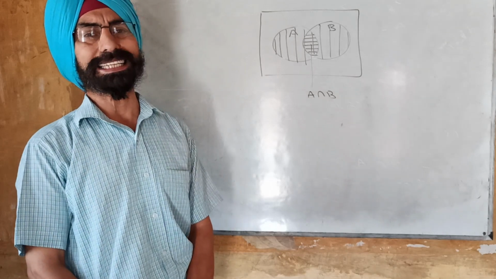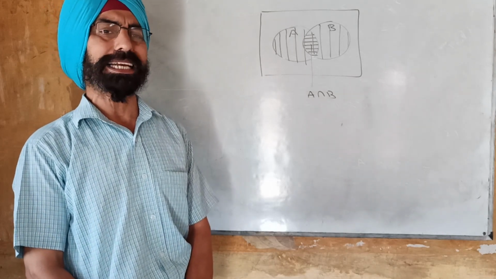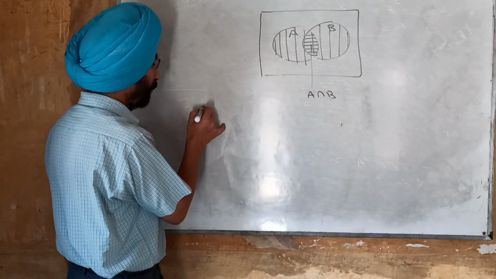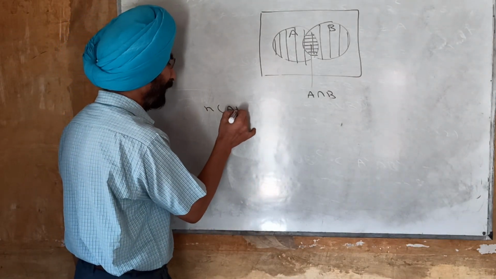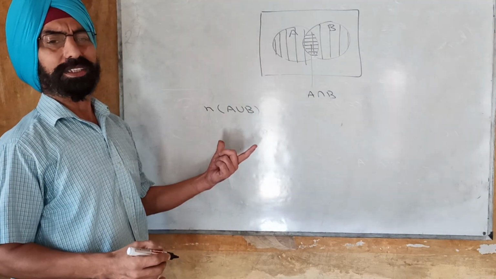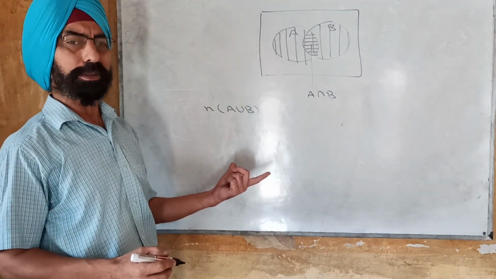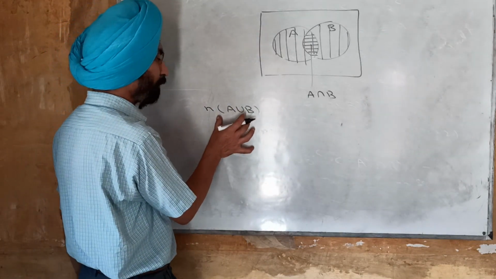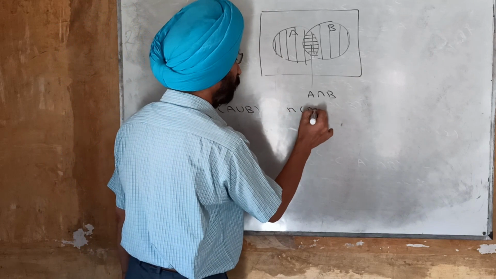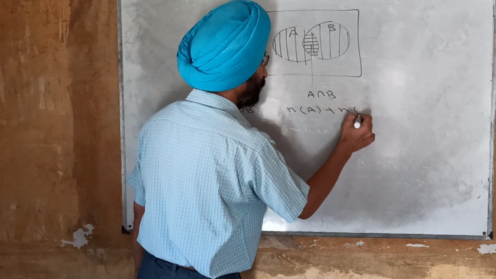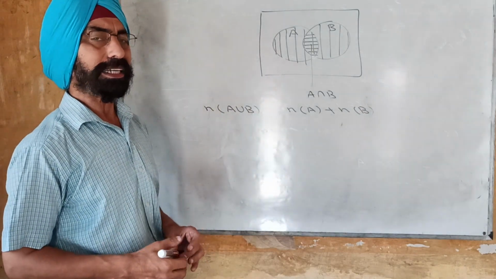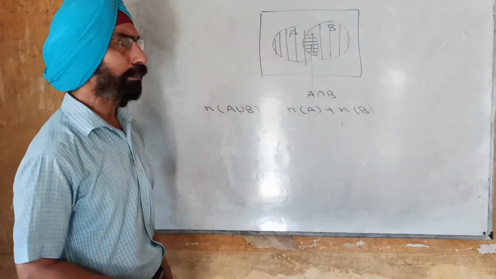Now, if we talk about the number of elements in A union B, A, B and A intersection B, what is going to happen? So, the number of elements in A union B. It will straightforwardly come into our mind that the number of elements of A union B should be equal to the number of elements of A plus the number of elements of B. But look into the diagram, what is happening?